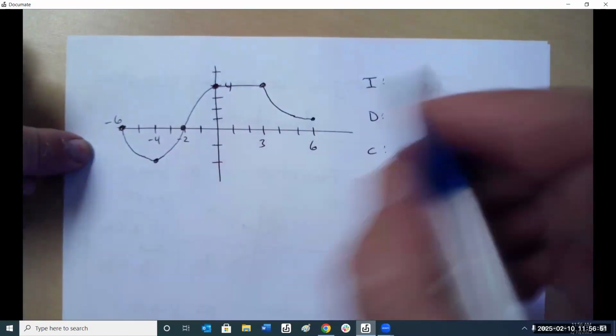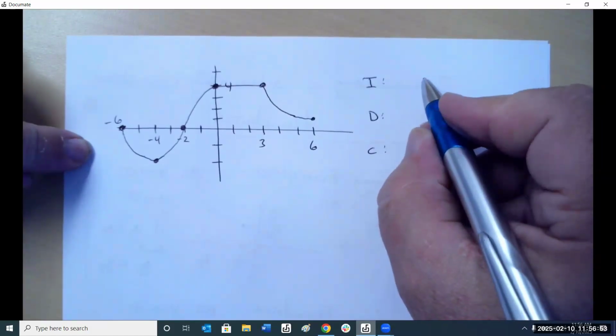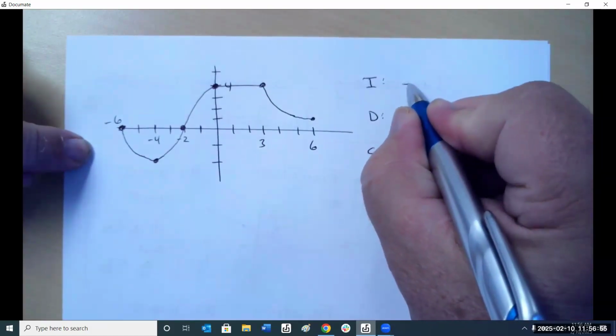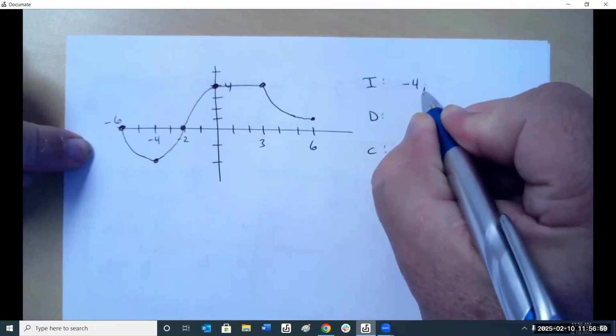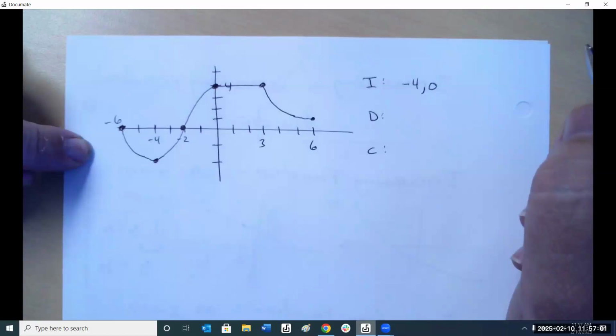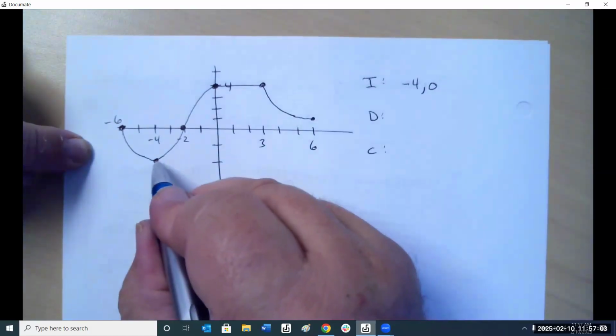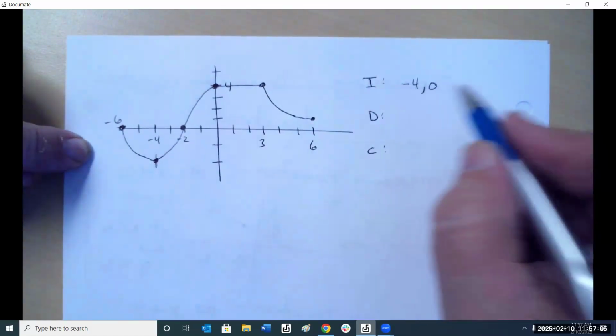So where's it increasing? It's increasing from -4 to 4. Oh, yeah, 0 because of the y. Yeah, because from here to here. So what do I put around those?